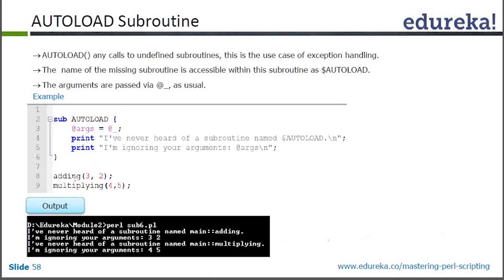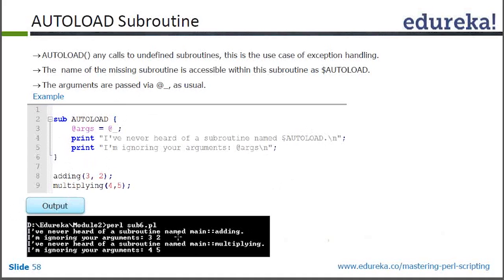The first time when we are passing this adding, AUTOLOAD automatically takes the arguments 3, 2, and it says that for adding, the name of the functionality will be passed in $AUTOLOAD, and the arguments will be in @args. Okay, so we have argv, which is like the argument vector, and args is like the arguments.